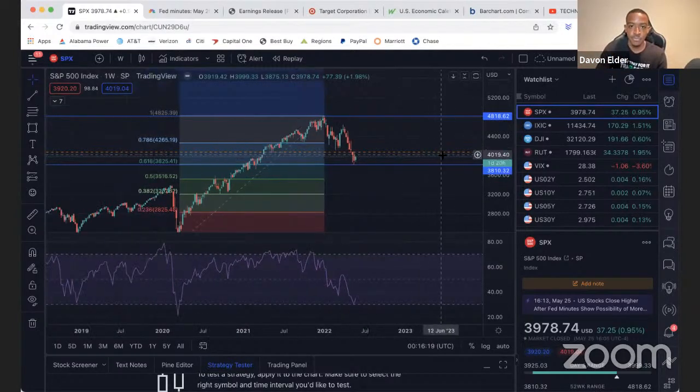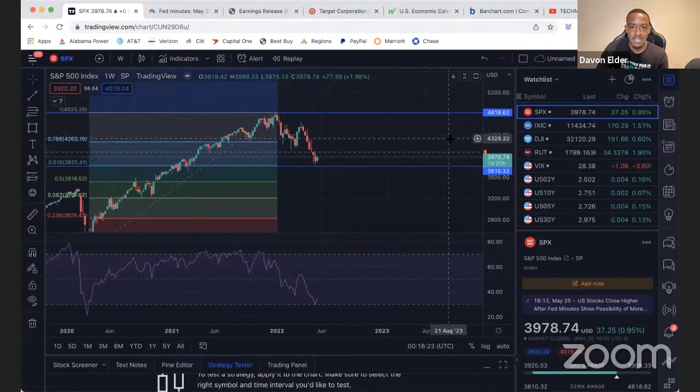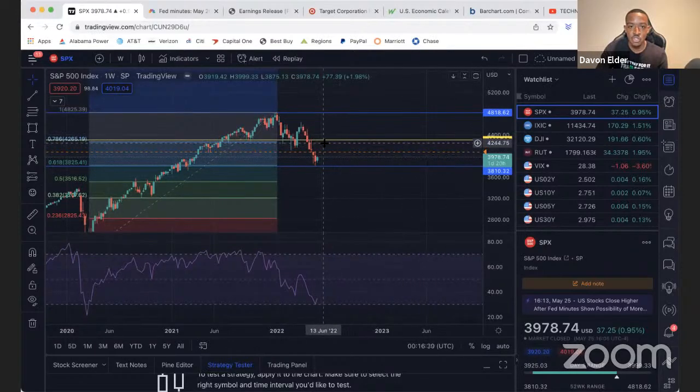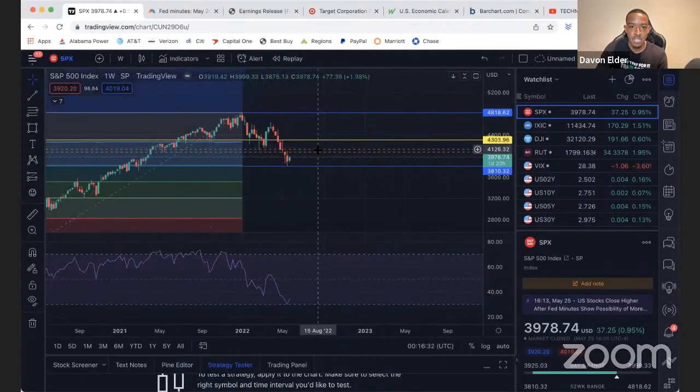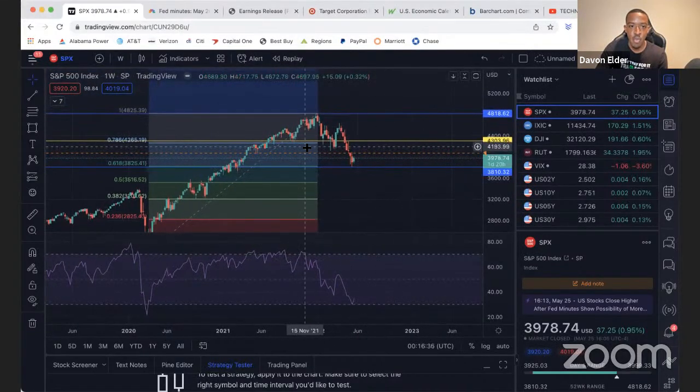Now, what we're going to have to watch is we've got major resistance at the 4,300 level. We've got a double top here at the 4,300 level. On top of that, that's right above our 0.786 or 78.6 fib level.